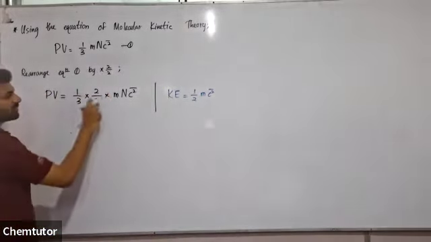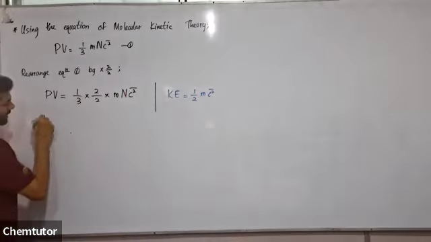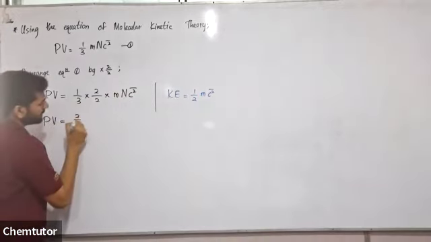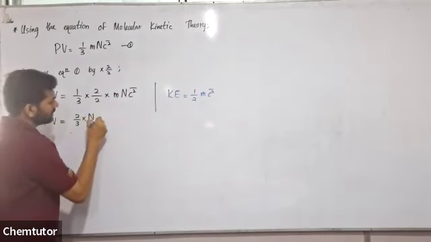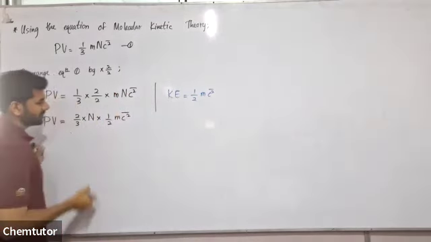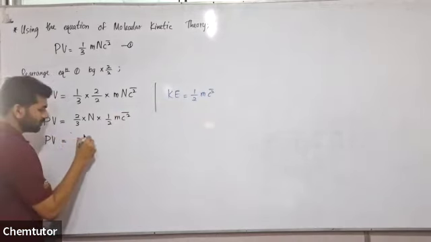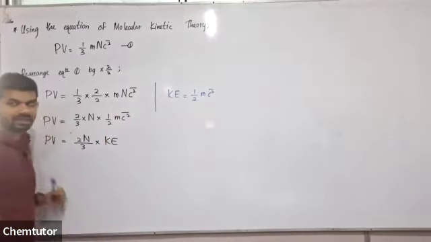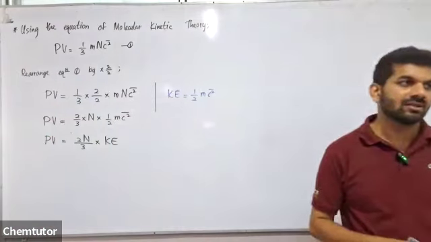Now here we have half m and c squared. So we can rearrange this equation as 2/3 into N into half mc squared. So we can say PV equals 2N/3 into KE, where KE is the kinetic energy of the gas molecule.